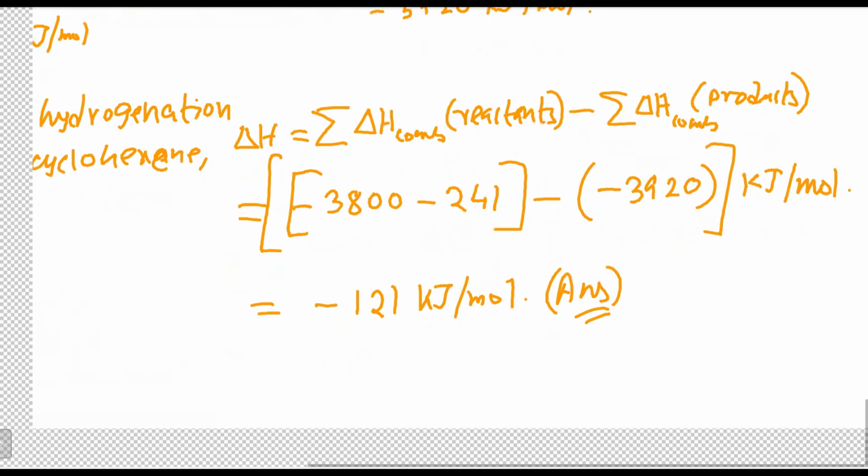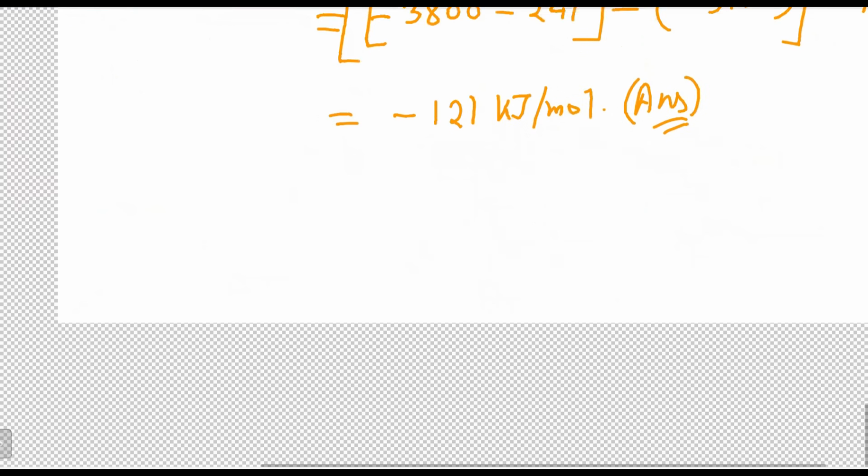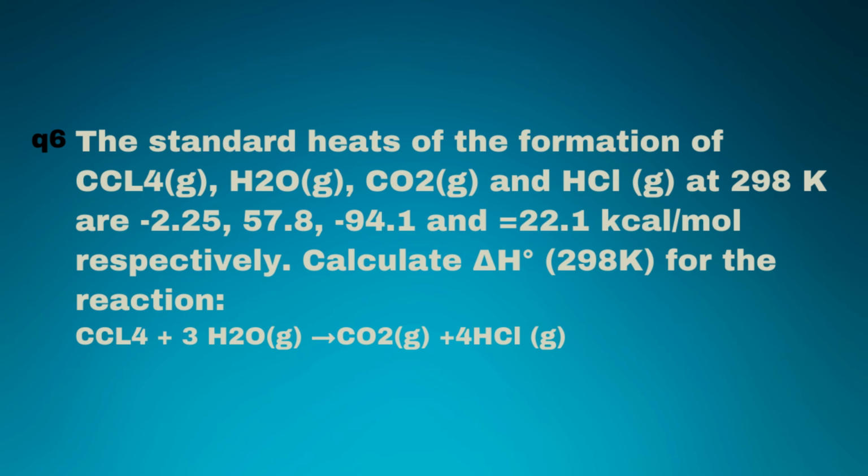Now we will move on to our last question for today's class. The standard heats of formation of CCl4, H2O, CO2 and HCl are minus 25.5, minus 57.8, minus 94.1 and minus 22.1 kilocalorie per mole respectively, and the temperature is 298 Kelvin.